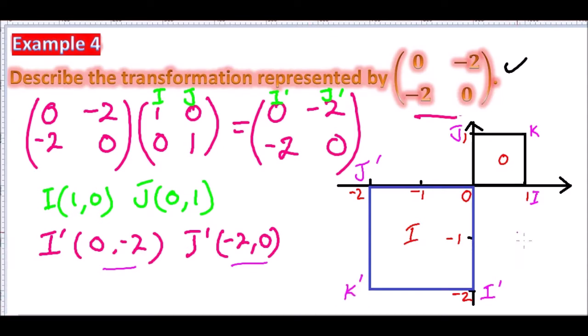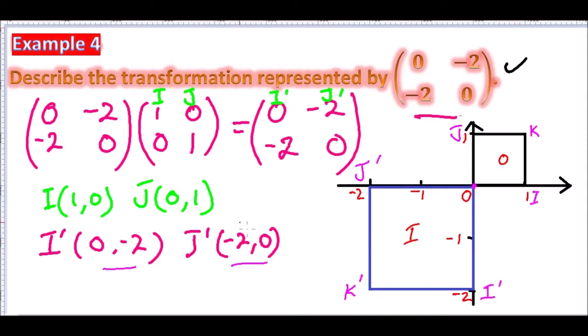If we look at this, what has happened to the unit square to give us this image? It has been enlarged, but on the opposite side of the center of origin. This is the center of origin at 0, 0. So when an object is reflected to the opposite side of the center of enlargement, we say that the enlargement factor is minus.